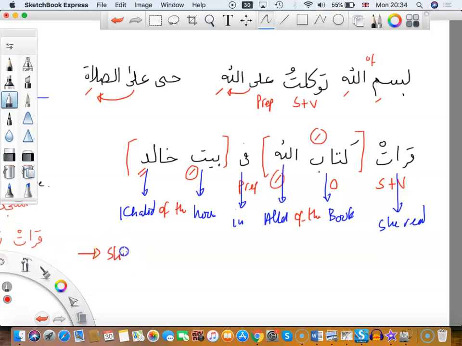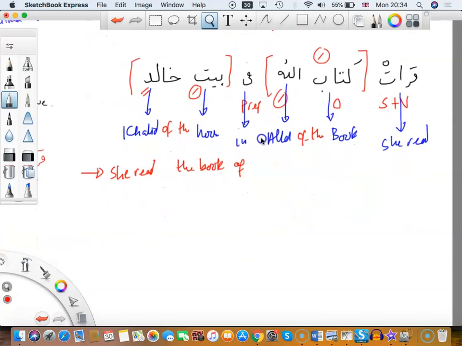So she read the book of Allah in the house of Khalid. Yeah. That's how you translate it.